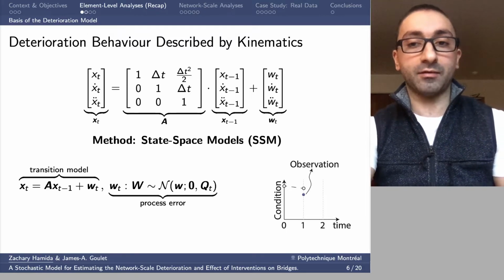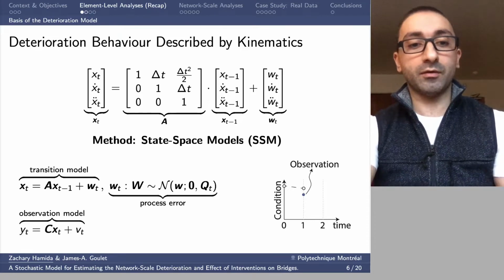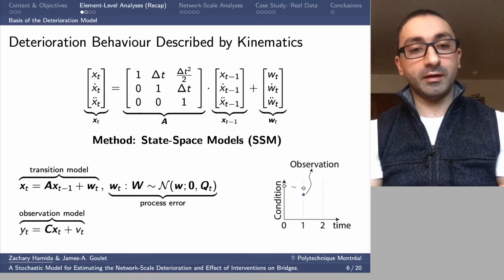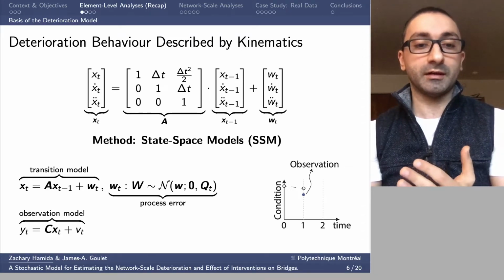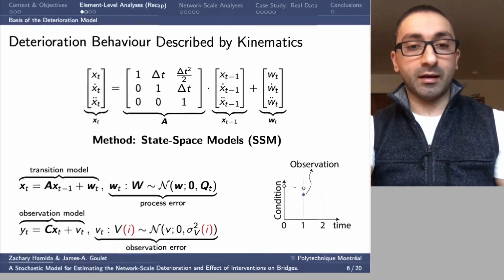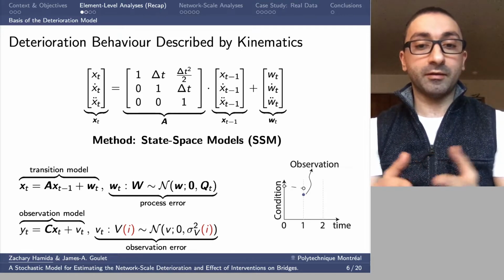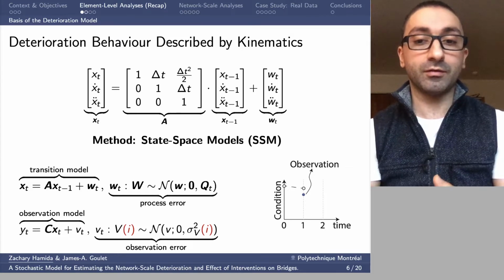So if we have an observation at time t1, we use the observation model, which is described by y_t equals C, the observation matrix, multiplied by x_t, the deterioration state at time t, plus v_t, which is the observation error. And in this work, we describe the observation error by a zero mean and a variance associated with each individual inspector.